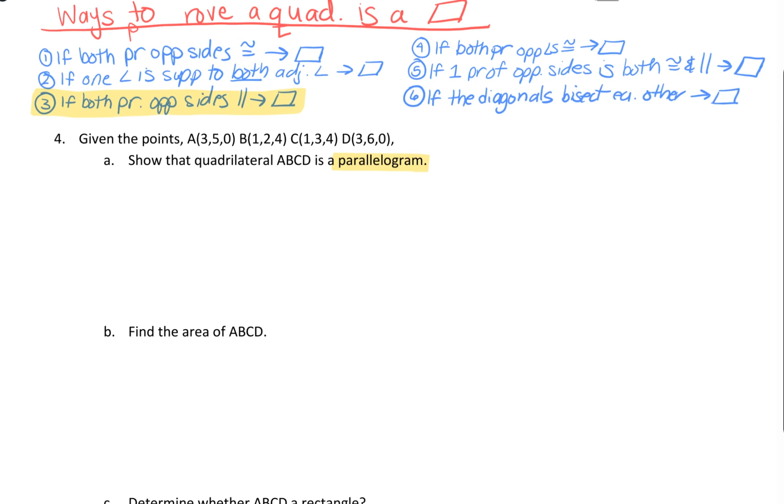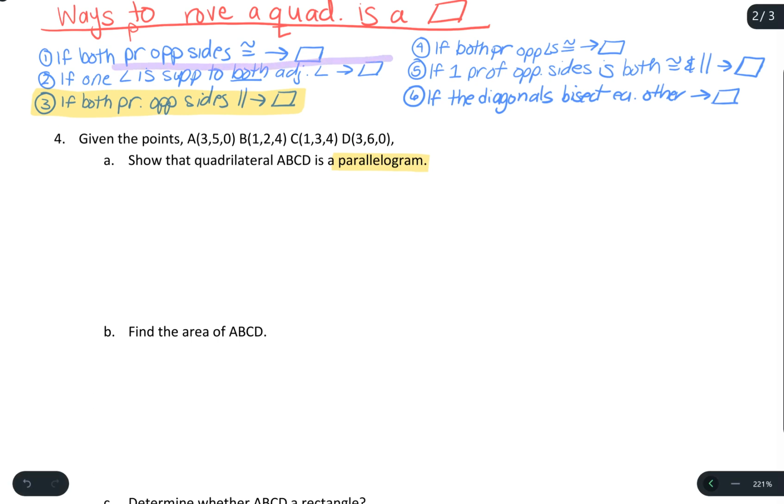All right, so in choosing which one of these 6 methods you want to do, you can think about what you know about congruent, what you know about parallel, and what you know about angles in 3D. If we choose the first one, both pairs of opposite sides are congruent, then we need to do 4 calculations to get the length of each of the 4 sides, and we can do that using either the distance formula, or we can write vectors for each of the sides and then calculate the magnitude.